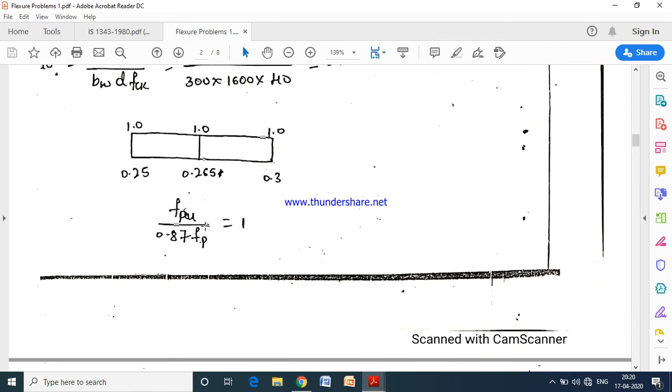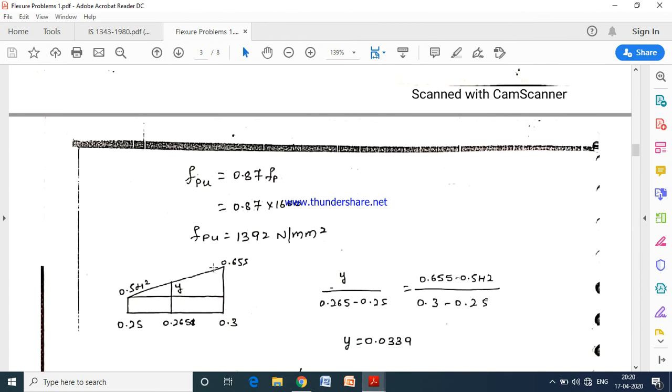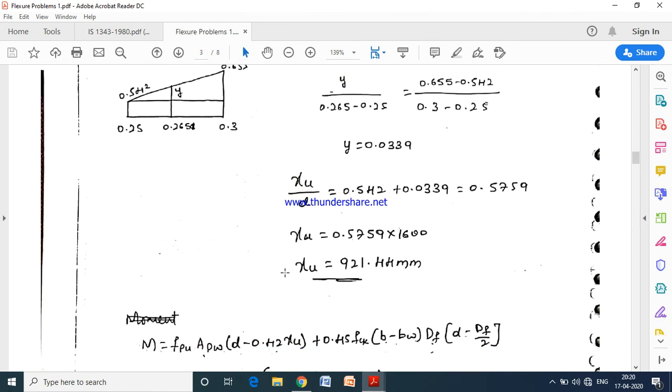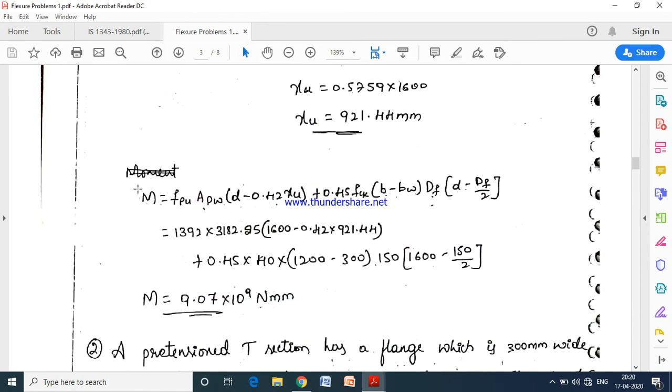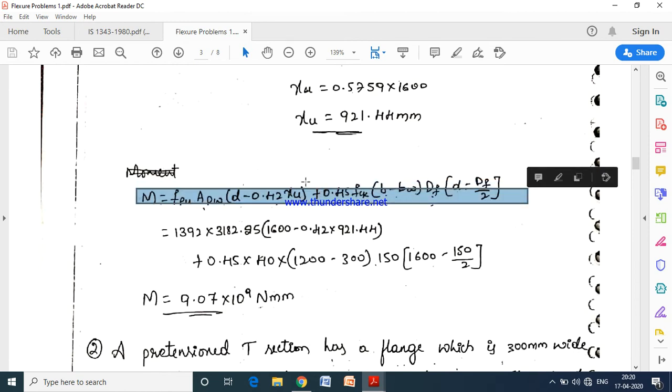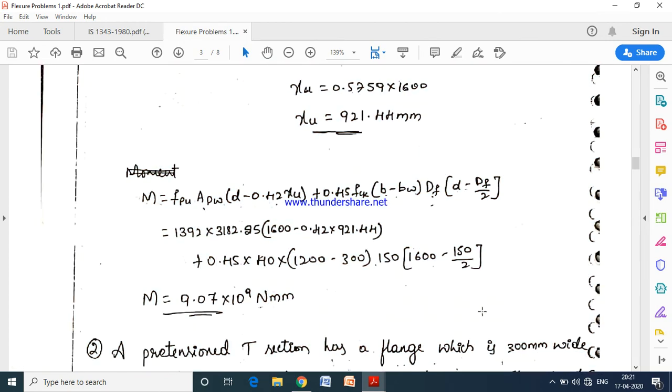Again using the same table we will find out FPU value and XU by D. Then substituting the values in this equation we can find out the flexural strength of the member.